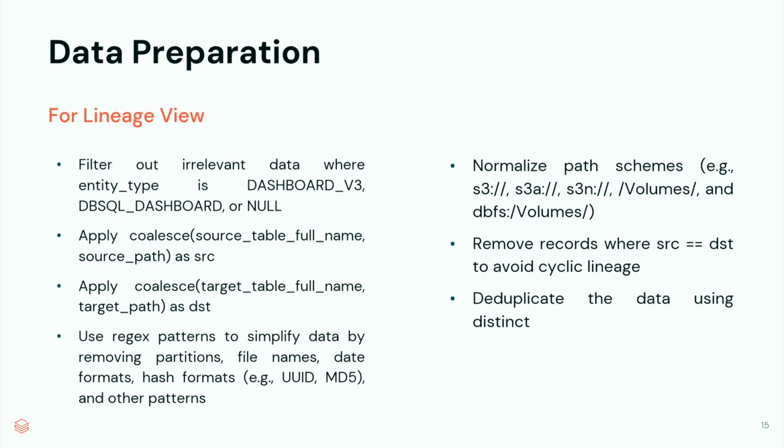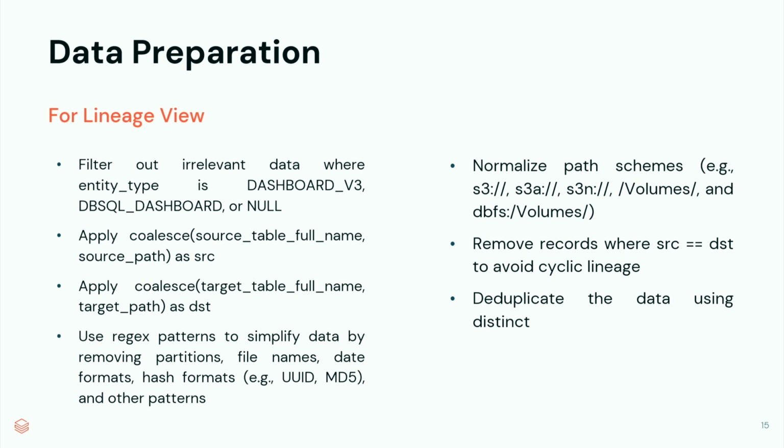So also we can use regex patterns to remove dirty data like file names, date formats, hashes, etc. And we can replace them with a placeholder. And as I said before, we can normalize path schemes.